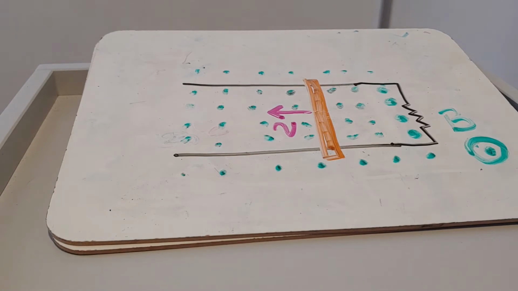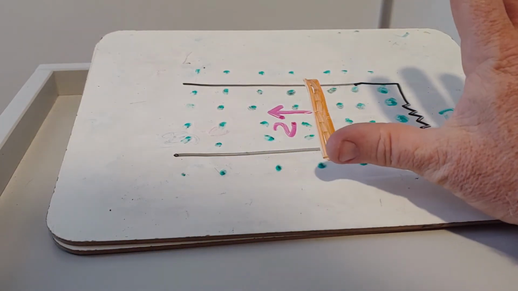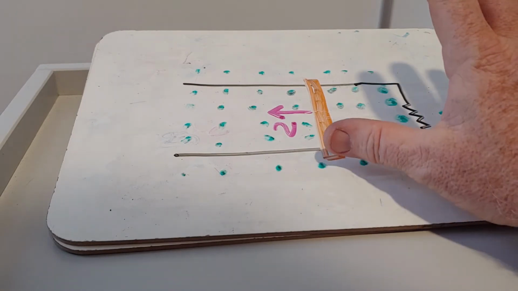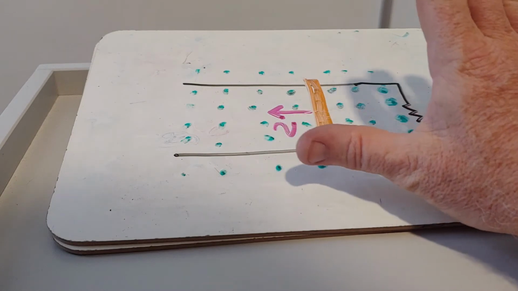Hope you hit your pause button and thought about that for a moment. If we use our motional EMF model, we realize that looking at the right-hand rule, the charged particles that are part of the copper bar are moving right to left.